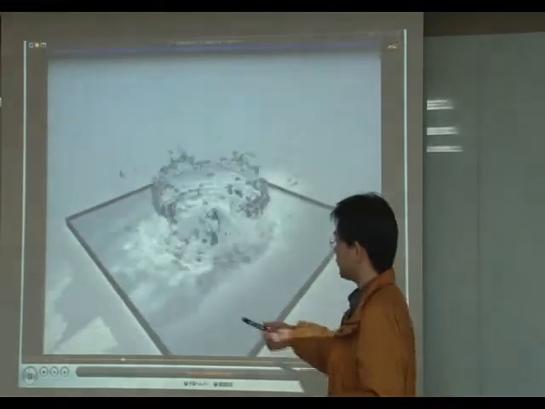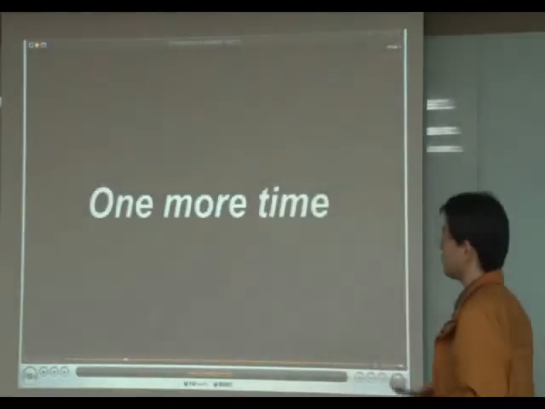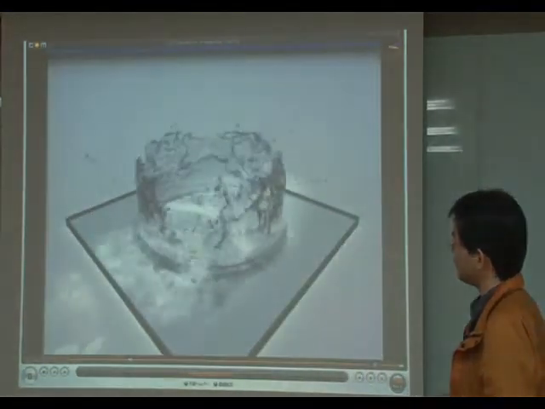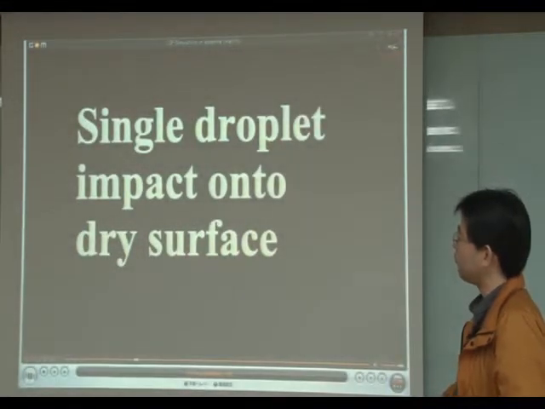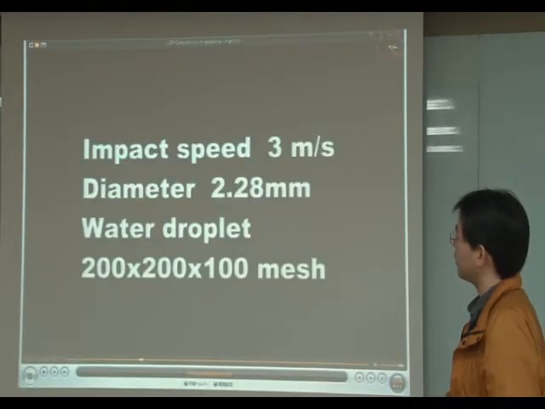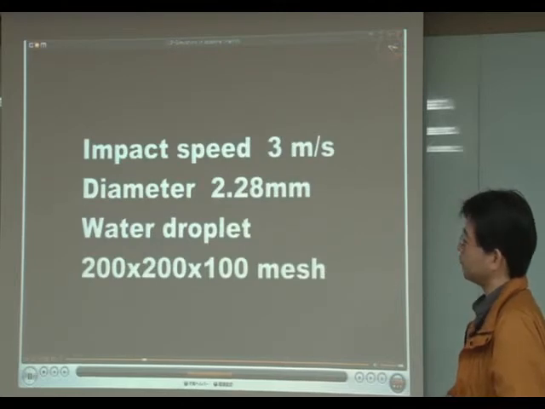The mesh size is 200 times 200 times 100. So it is 4 million meshes. Is this simulation? Simulation.